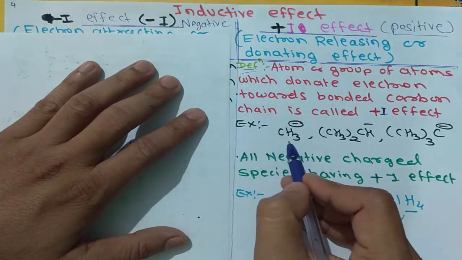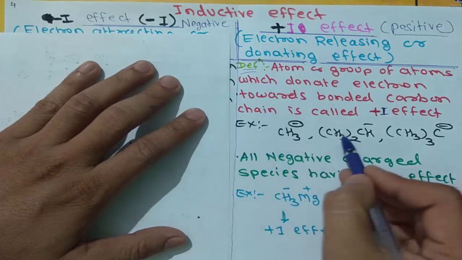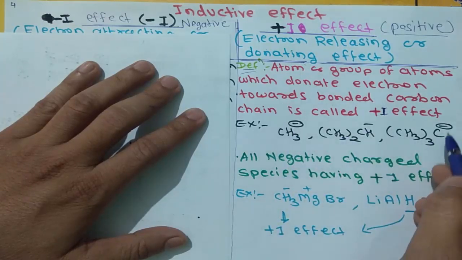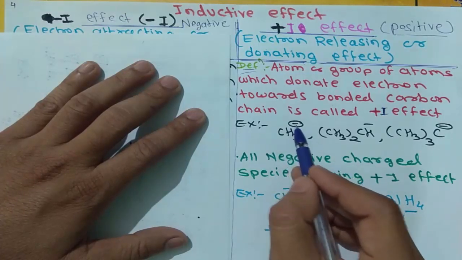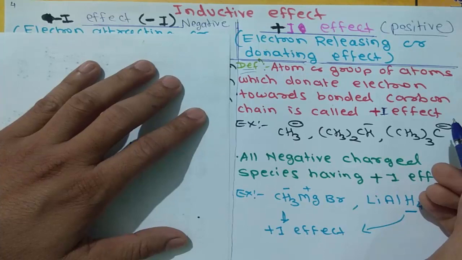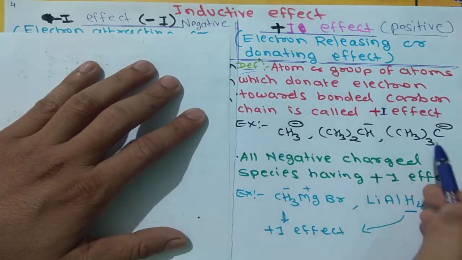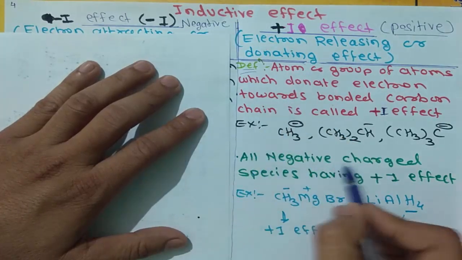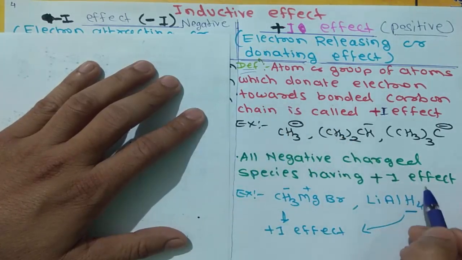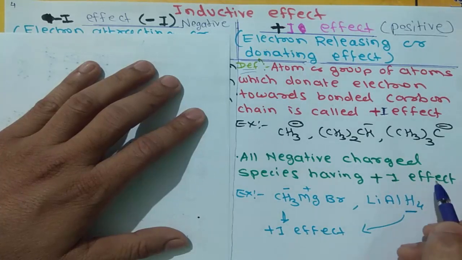Here different examples are there: CH3 minus, CH3CH2 minus, (CH3)3C minus. These have a negative charge with more electron density, and they can give electrons towards the carbon chain. That's why all these are examples of the plus I effect. In other words, all negatively charged species have the plus I effect, or positive inductive effect.